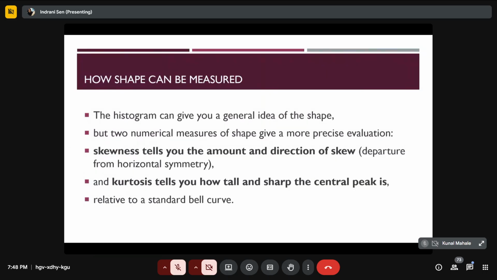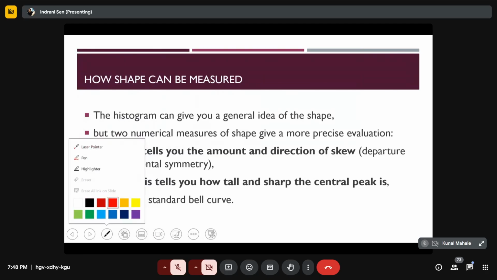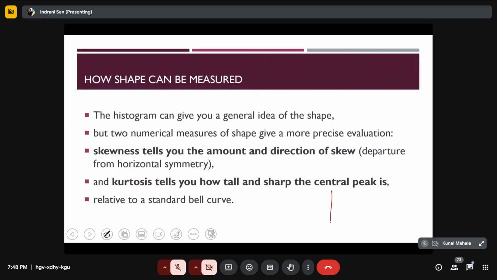So we are talking about distribution. When we measure the distribution of data in a particular column and plot the distribution curve, it looks like a bell. This is called a bell curve. When the distribution is normal, the curve looks like a bell curve. What is meant by normal?